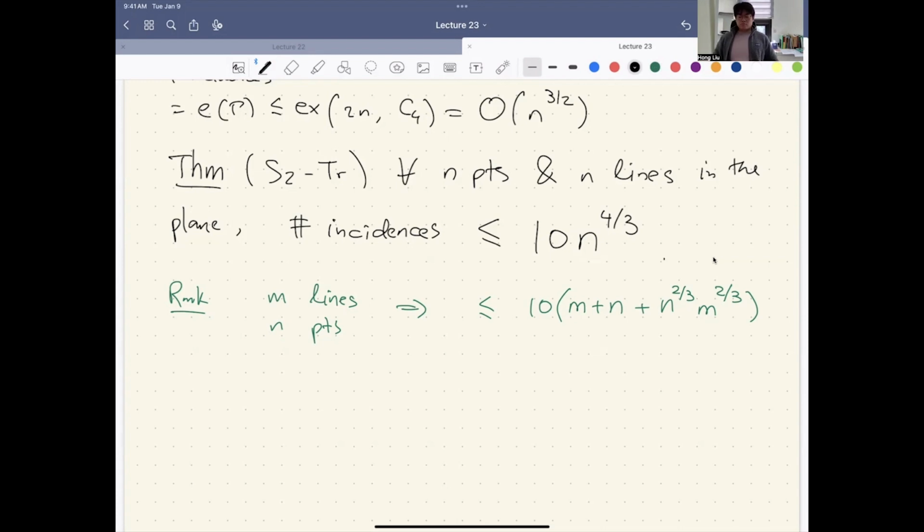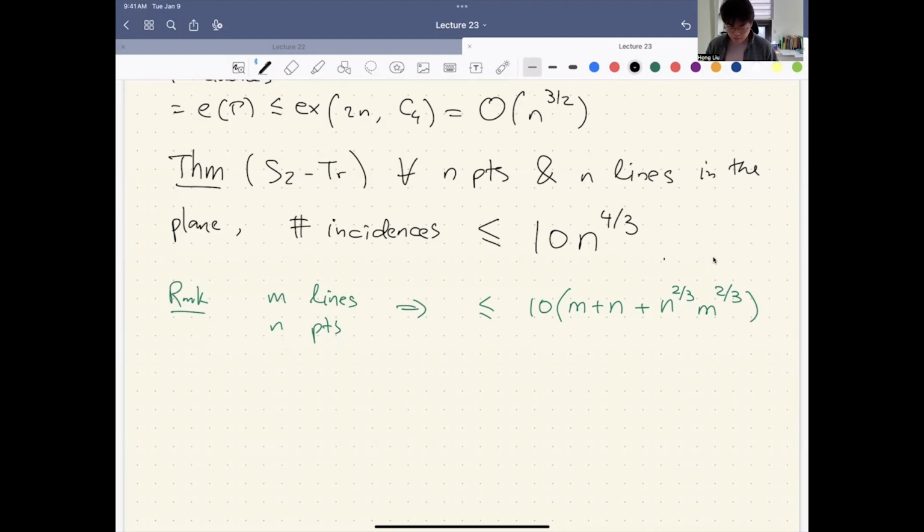It looks at first glance like it has nothing to do with crossings. Well, we've been talking about crossings, so we're going to use the crossing lemma. So how do we make a link between these two seemingly unrelated problems? This is why this proof is quite beautiful.